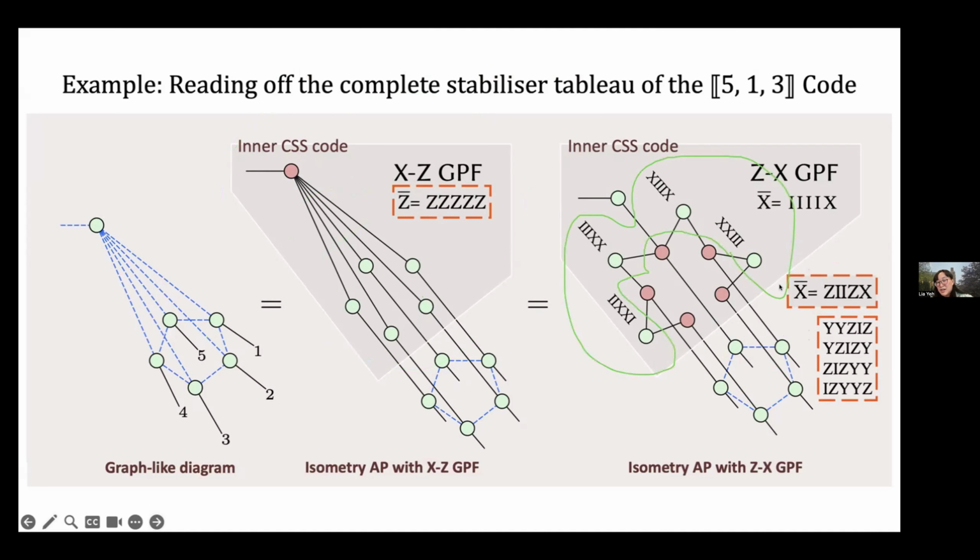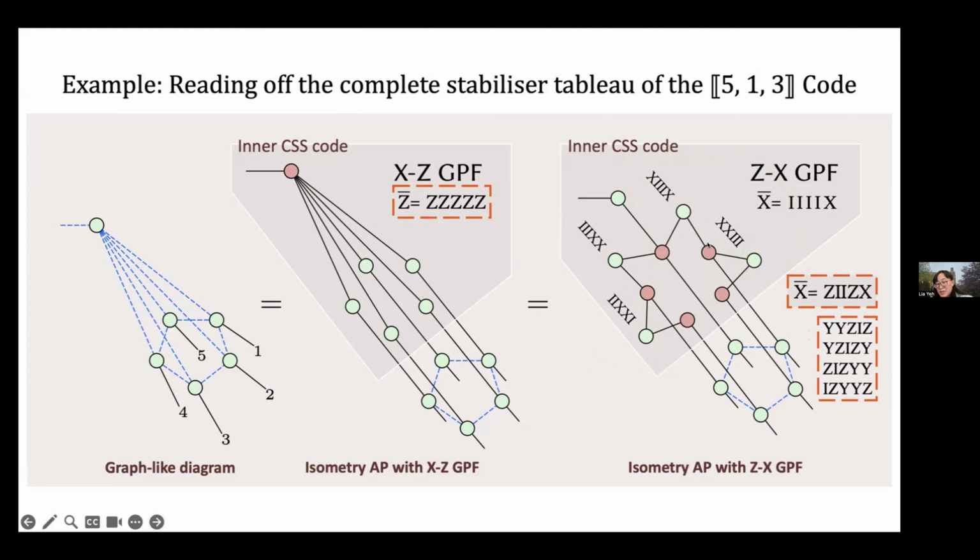And they're each independent here, and each is an X-type stabilizer generator because they're Z spiders. So for this one, we can read off for the inner CSS code XXIII, because it's only connected to the first two.